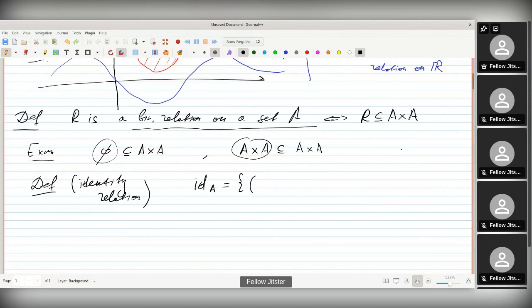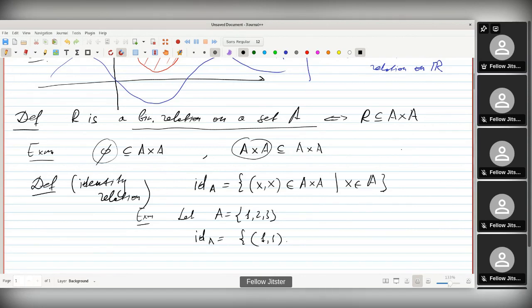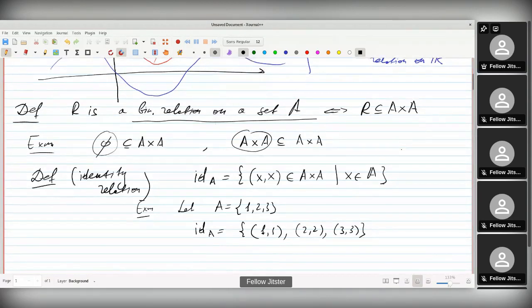It is the set of all pairs of identical elements. So it is the set of all such pairs (x, x), where x belongs to A. For example, let A be the set 1, 2, 3. Then the identity relation is just the following set: (1, 1), (2, 2), (3, 3). Is it clear?